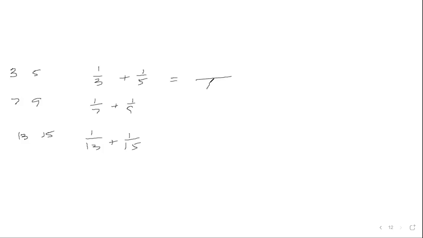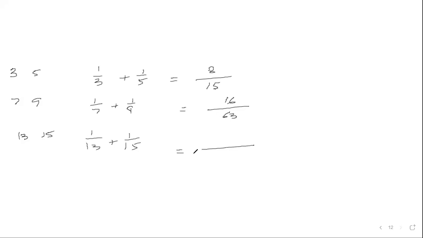Here you get 15, and 3 plus 5 is 8. Here you get 63. The LCM of 7 and 9 is 63, the product, and the numerator is 7 plus 9.